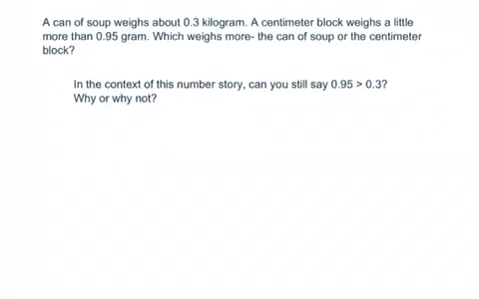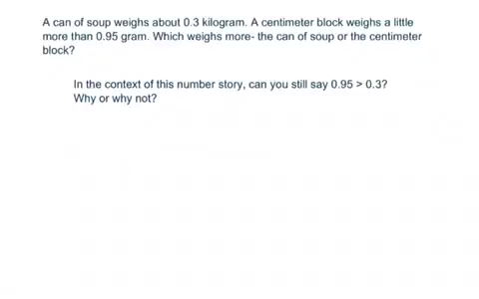Okay, how about this question? A can of soup weighs about 3/10ths of a kilogram. A centimeter block weighs a little more than 95 hundredths of a gram. Which weighs more, the can of soup or the centimeter block?